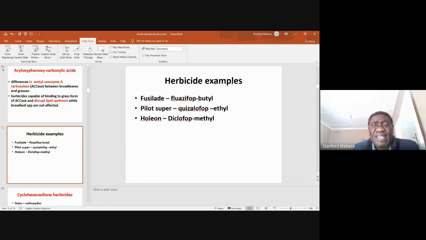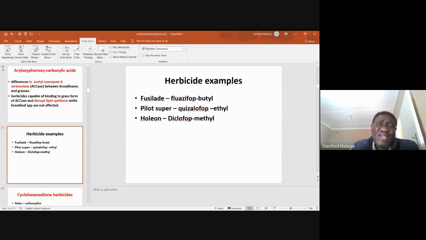And we've got another herbicide called Pilot Super. The chemical name is quizalofop-ethyl. We also have another herbicide called Hoelon, which is diclofop-methyl.